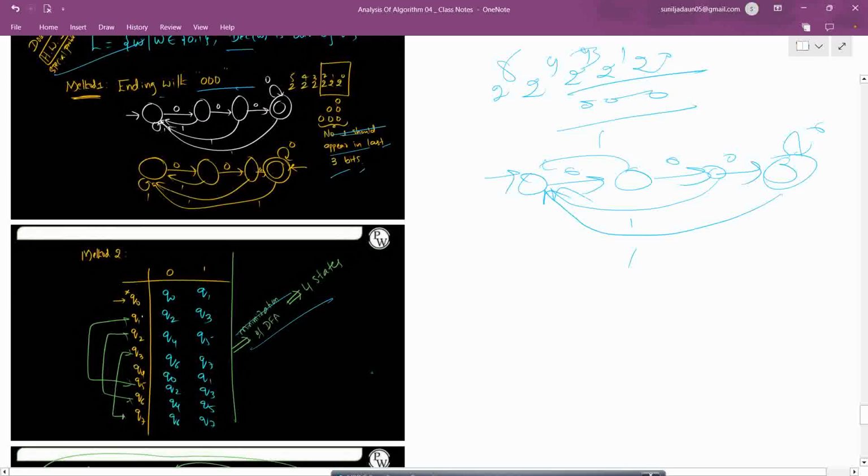Is that right? If this is the case, why the reverse of the initial state? I think this is the correct one.